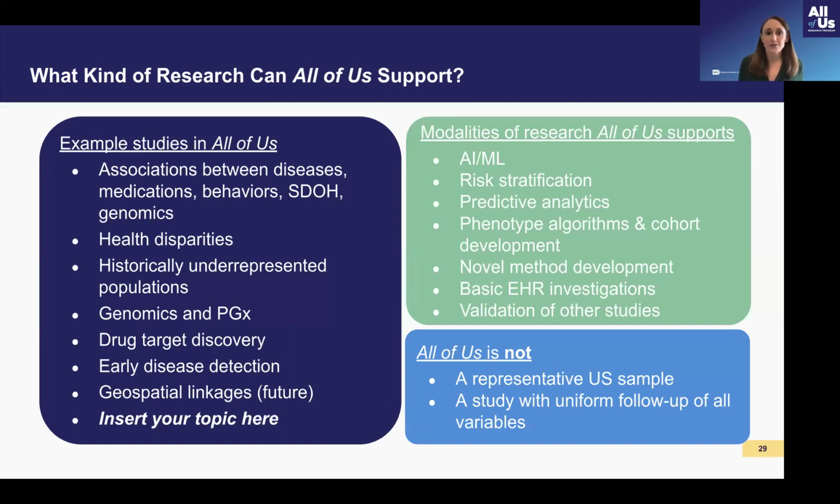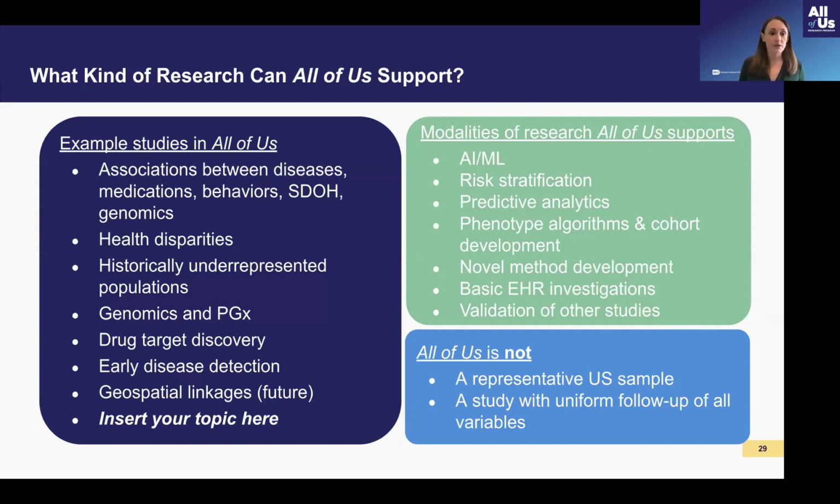So what kind of research can All of Us support? I think you can probably think of a lot of uses. I've put a few here. One is associations between different diseases, medications, social determinants of health, and genomics. Certainly health equity and health disparities research is one of the things that we really are promoting and really hoping to make a dent in.